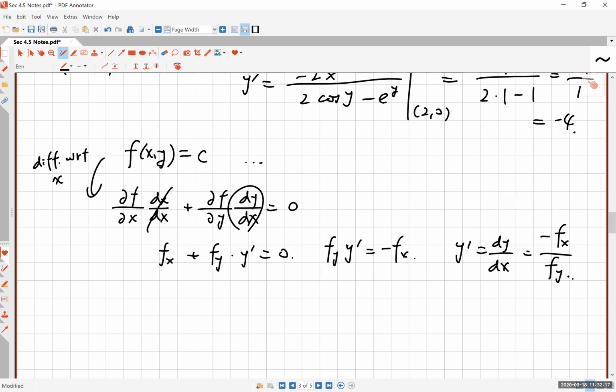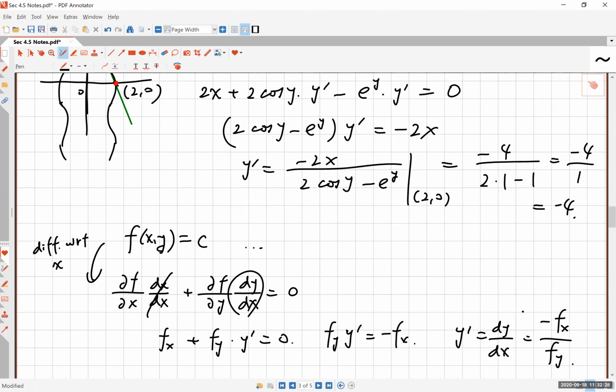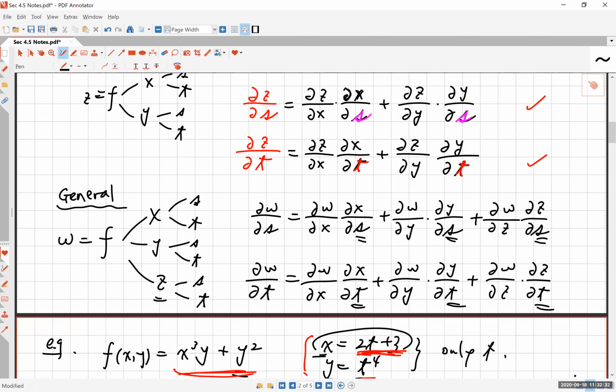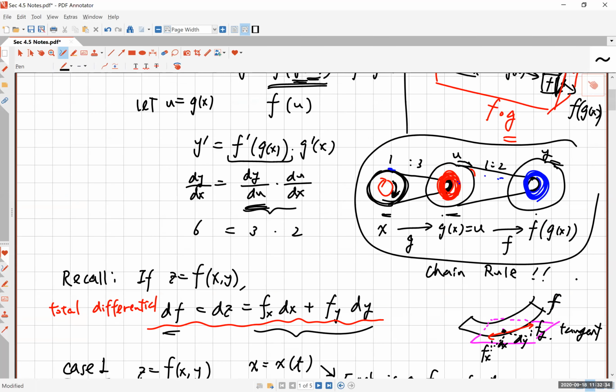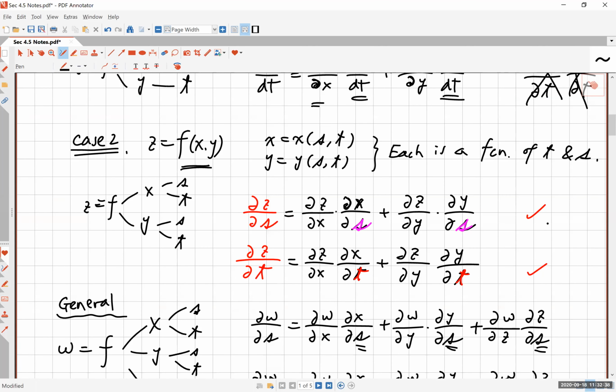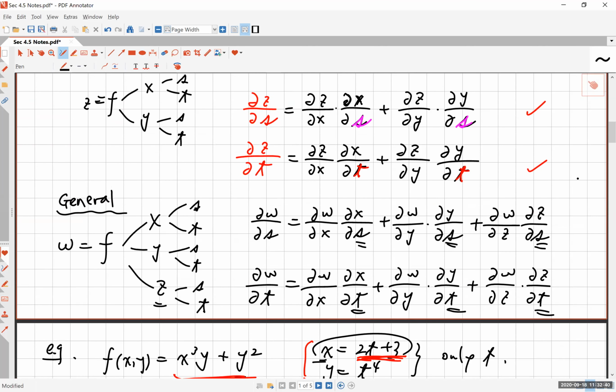And if you look at the previous 2 examples or 2 problems, you will see this is exactly what we came up with. Okay. Yeah, so use this in your homework, but most of your homework problems will have to do with applying either one of these chain rules, either case 1 or case 2 or case 3. All right, have fun doing your homework.